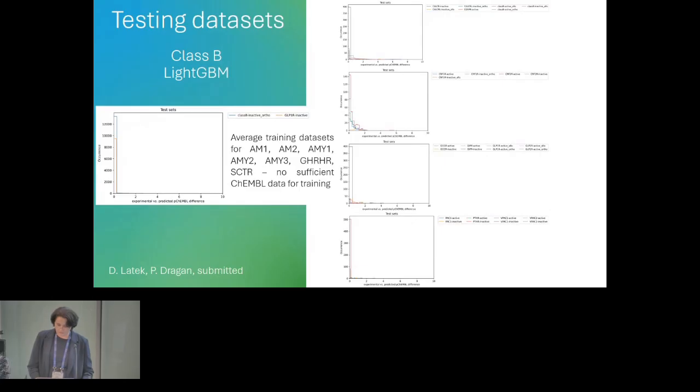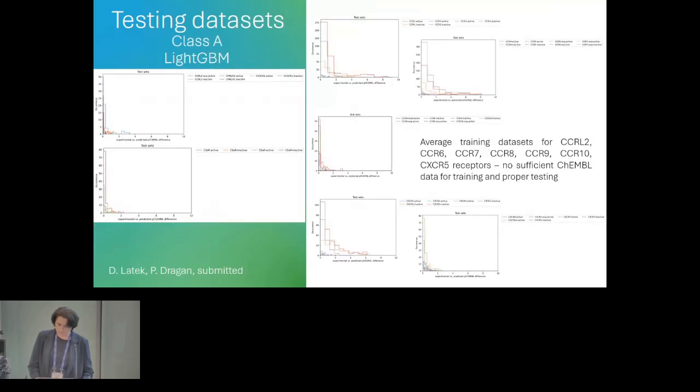pChEMBL is a descriptor used in ChEMBL for describing ligand activity. pChEMBL is usually set to standard values between 0 and 10 or 11. 0 means here an inactive compound. As you see here, the activity of most compounds was correctly predicted. The same satisfying results were obtained for class A receptors with a few exceptions.